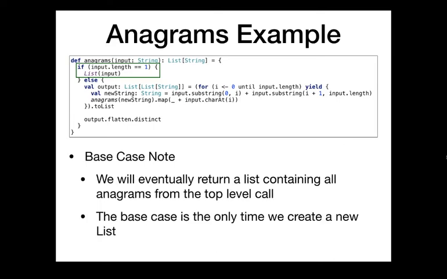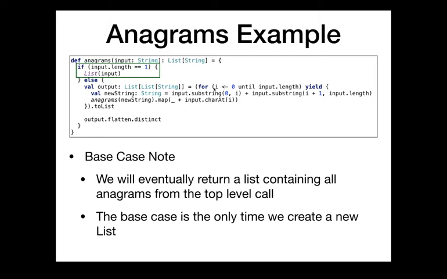I do actually have an implicit second base case here. If you give this an empty string, it will return an empty list. That happens in this loop. This loop iterates over the characters of the input string.